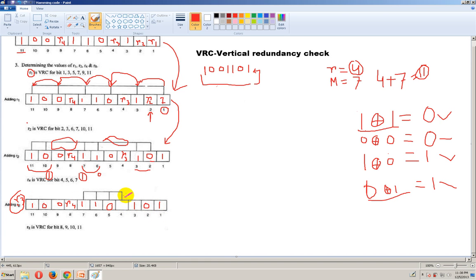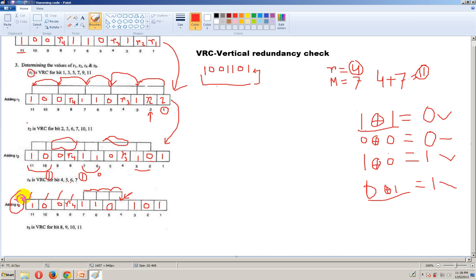The similar rule applies: start from the 4 position, that is the exact location of the position, then take a total of 4 positions, 1 2 3 4, then skip 4 positions.